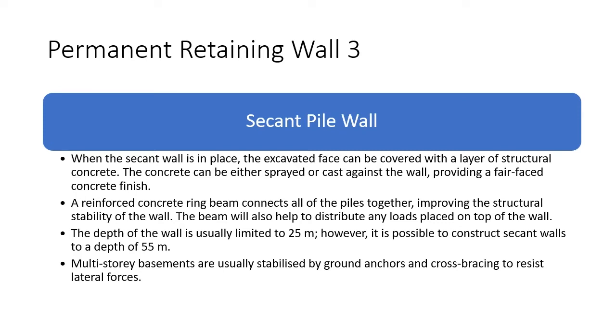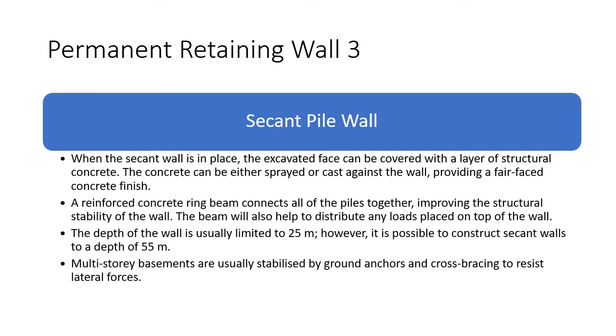The depth of the wall is usually limited to 25 meter. However, it is possible to construct wall to a depth of 55 meter. Multi-story basements are usually stabilized by ground anchors and cross-bracing to resist lateral forces. So, multi-story basement ni kita boleh stabilizekan dia whether kita pakai ground anchors, as in dekat belakang of that second wall piles tu kita buat ground anchors yang macam you pernah belajar dalam soil stabilization chapter, or maybe kita boleh pasang cross bracing.